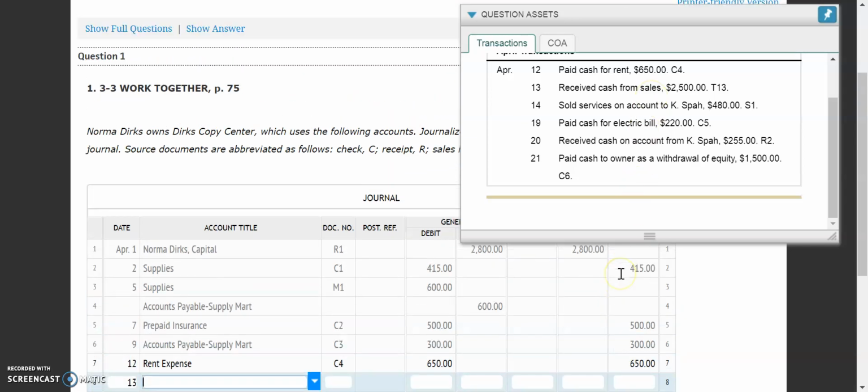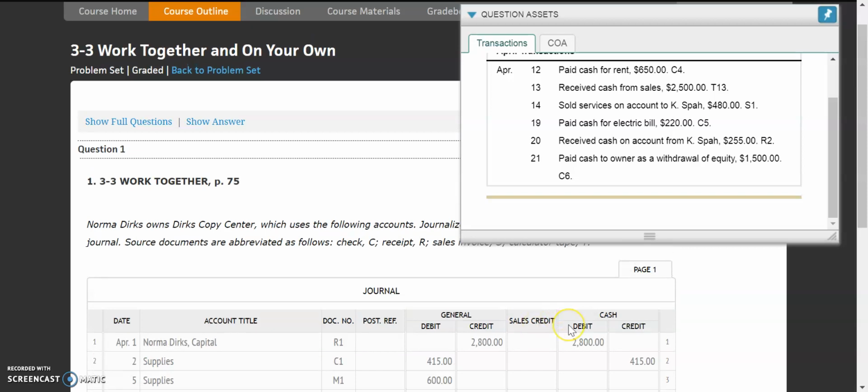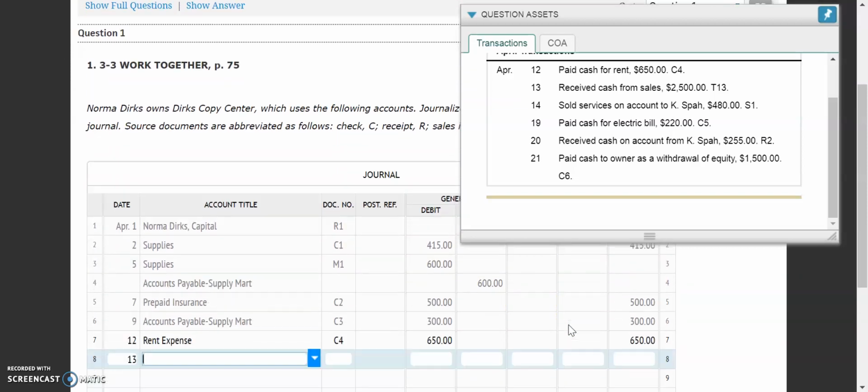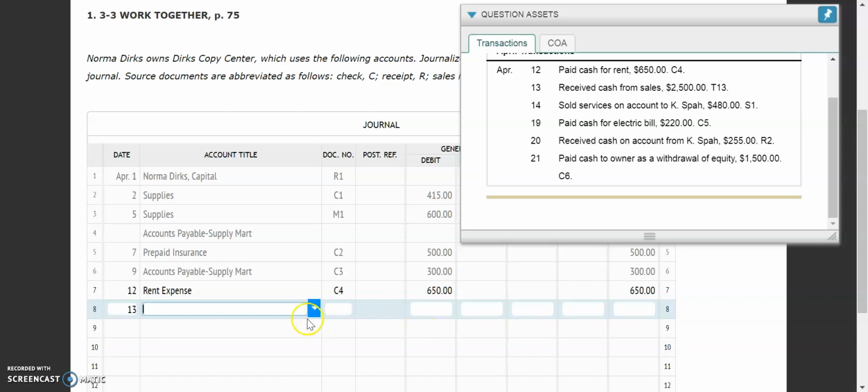Now, if you remember, sales credit and cash debit, those are both special amount columns, which means that we're not actually going to have an account title listed here. So instead, does anybody remember what goes there? I hope someone said a check mark. So we click on our drop-down menu and choose our check mark, and then we come over here and put T13 as our document number.